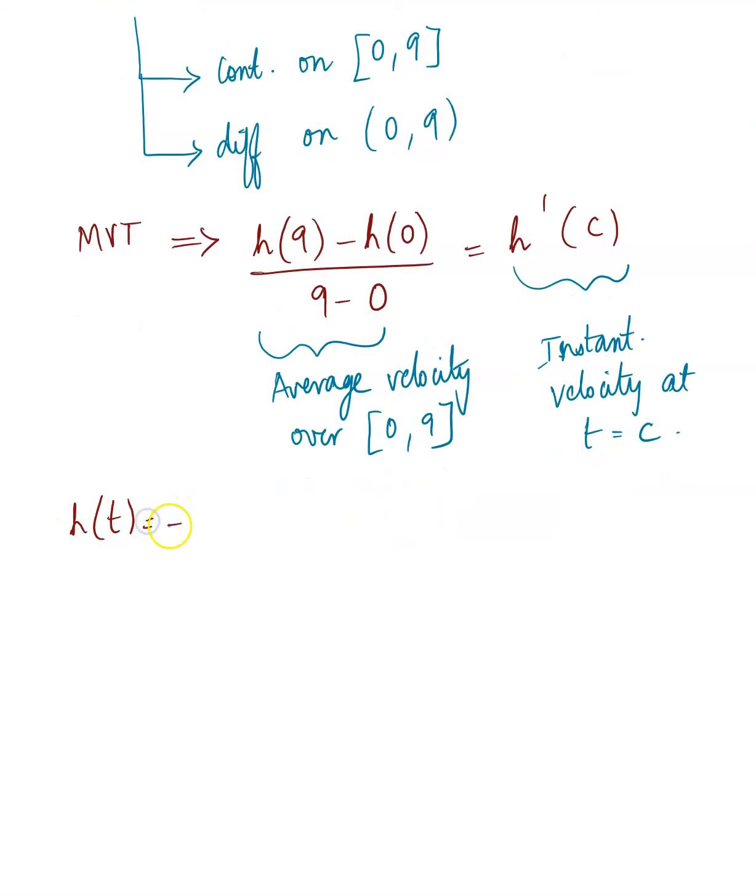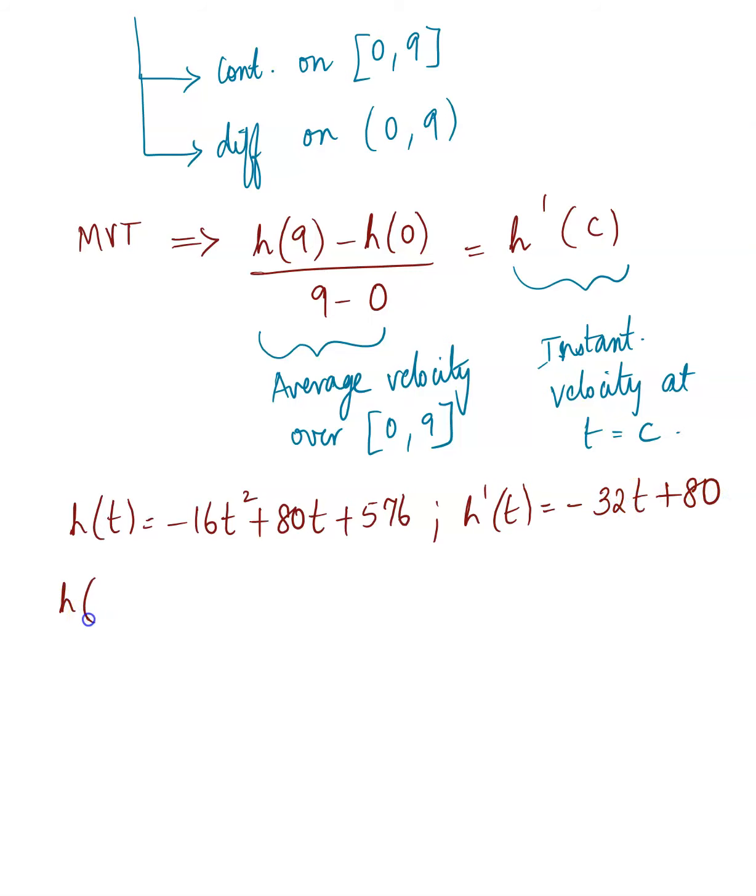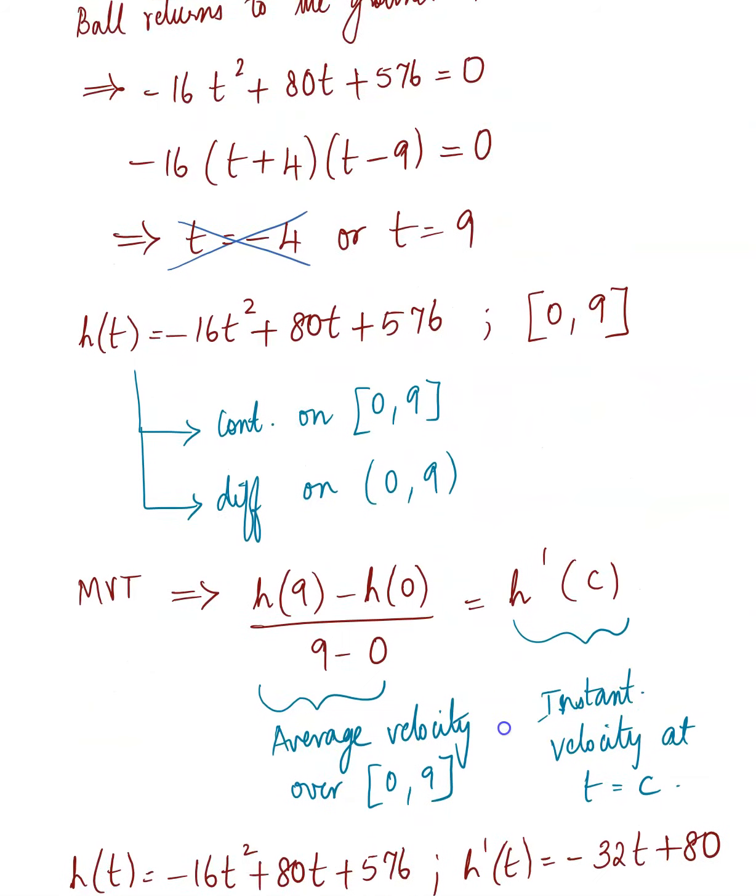H of t is negative 16t squared plus 80t plus 576. If we took its derivative, that would be negative 16 times 2, 32t plus 80. And h of 9, you can look at this two ways. One is to first algebraically plug in for t as 9 and compute it. Or you can come back to what we just discovered.